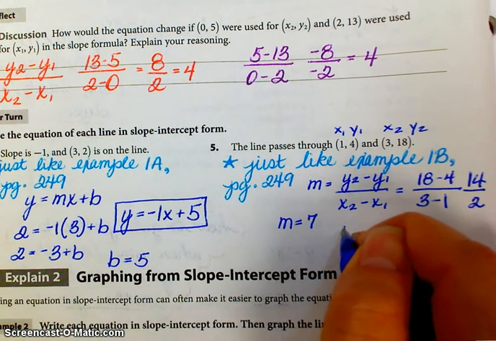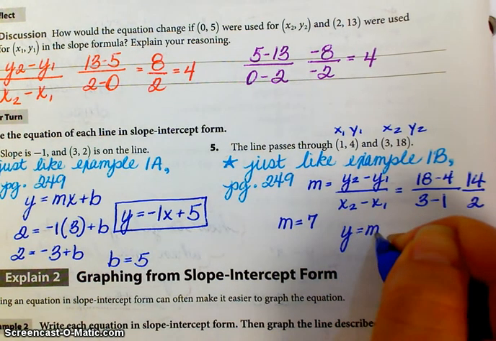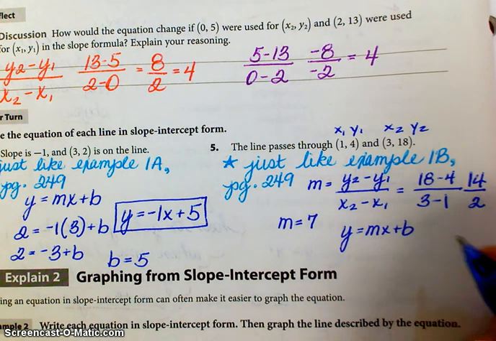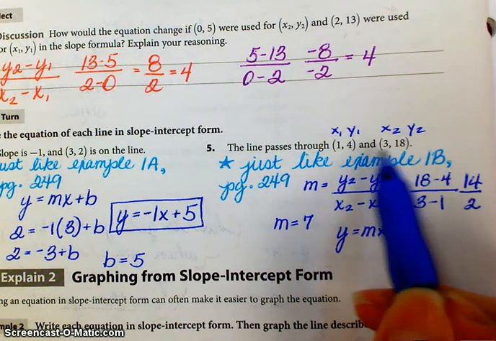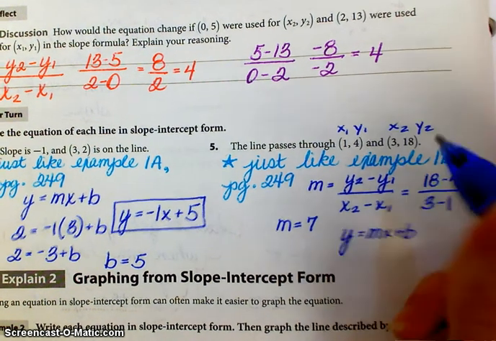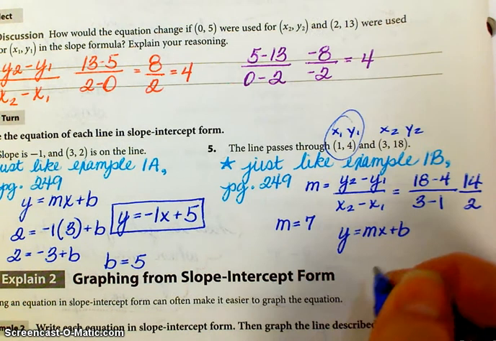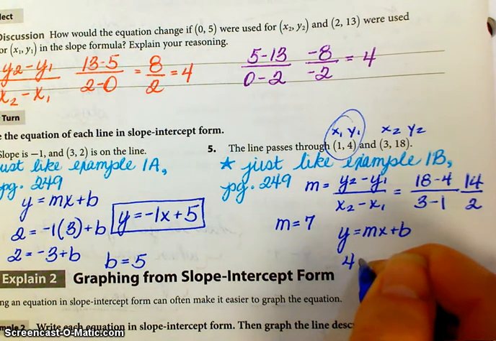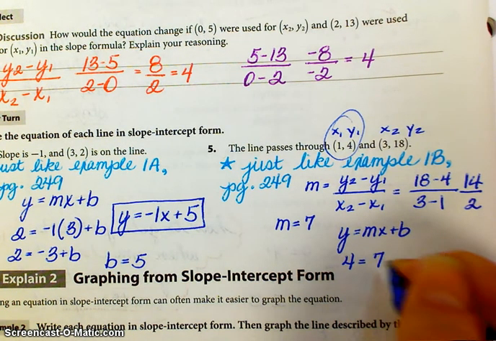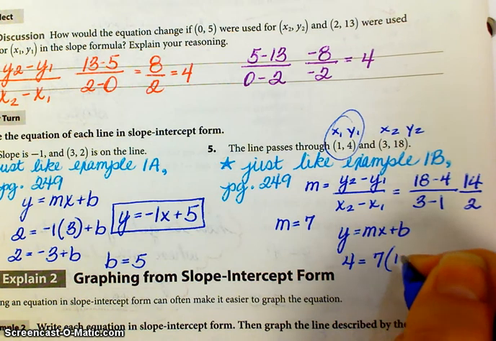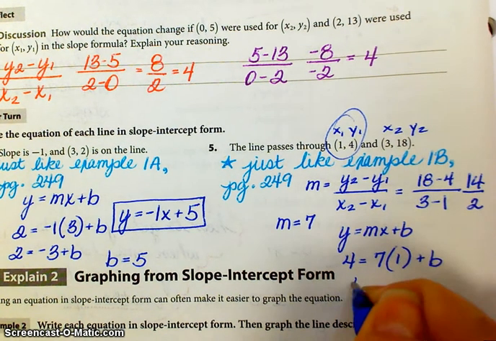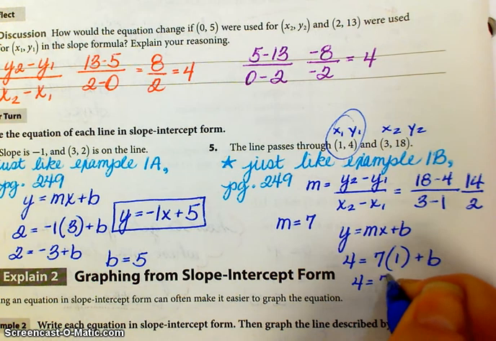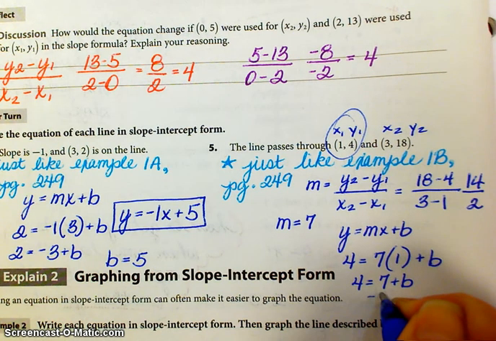All right, so I'm going to squeeze this in here. I want to put everything into y equals mx plus b. It doesn't matter which point I pick; I'm just going to go with this one. So I'm going to put 4 in for y, 7 in for slope, 1 in for the x, to get my b. So 4 is equal to 7 plus b.